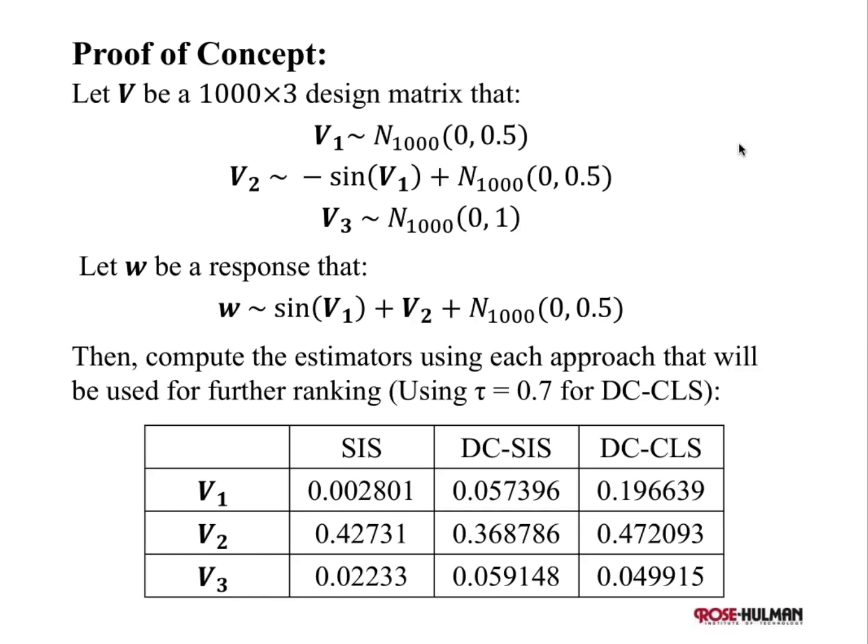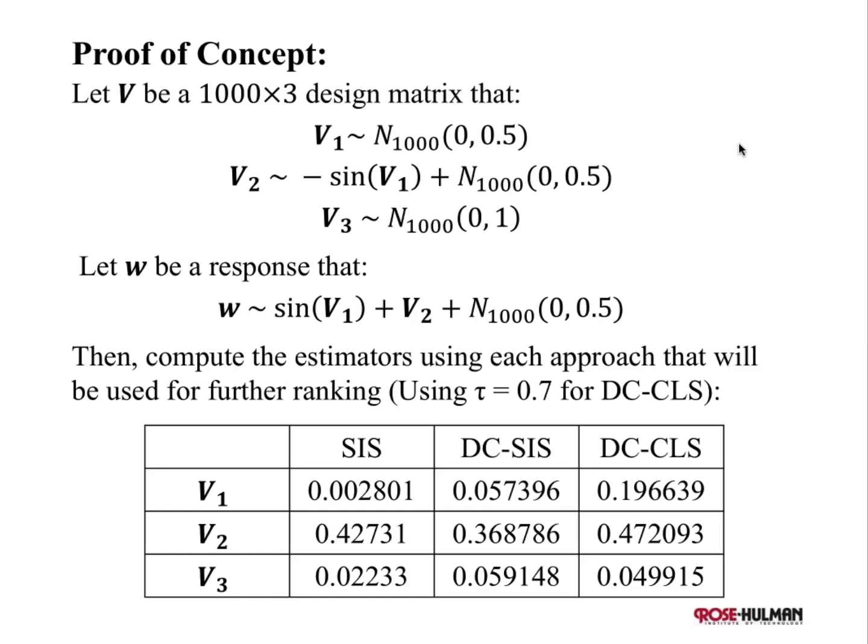And using DC-SIS, the correlation between the response and the first column is bigger than with SIS. However, it's still not larger than V3. So we are still picking up the second column and the third column.